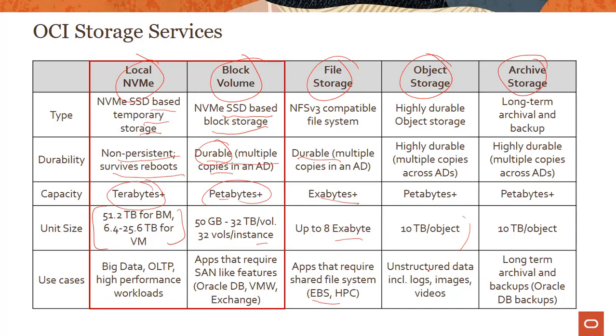As I said, this is good for unstructured data. Archive storage is a class within object storage, and it's suited for long-term archival and backup. Again, it's highly durable, and it's for applications that have a need for long-term archival and backups.